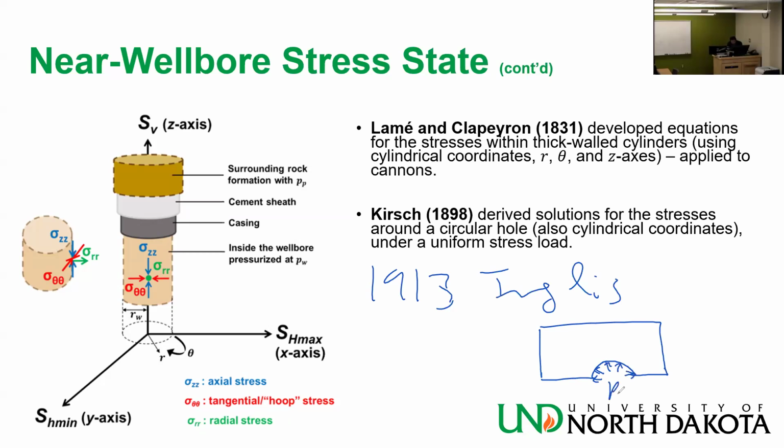And Inglis is important because when we do fracture geometry, he appears again, because the shape of the fracture is an ellipse. His analysis actually is fundamental for the stress analysis inside a fracture, an open fracture.